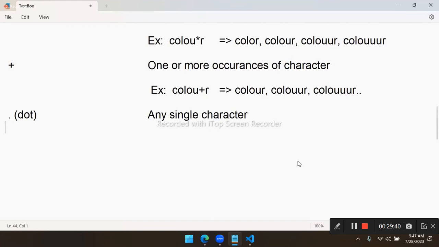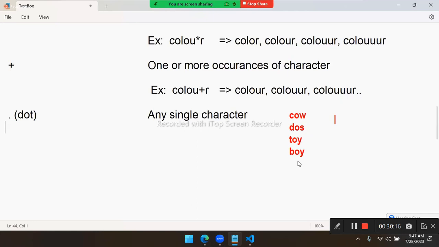For example, see here, suppose we are having cow, dog, toy, boy, like this. Now, what is the similarity of these? Similarity between all of them is O. Similarity means, I told you, not only having it, its place also should be the same. Is its place also the same? Yes. That means O is standard.